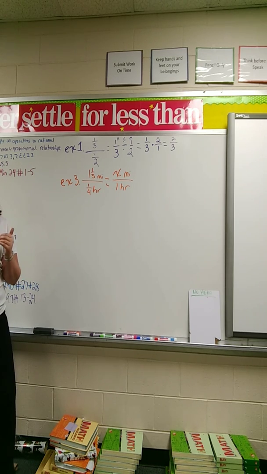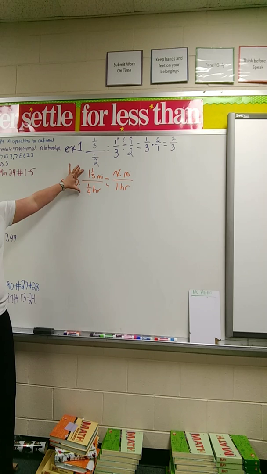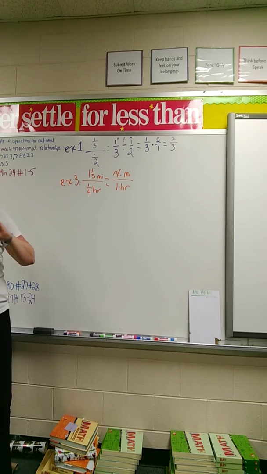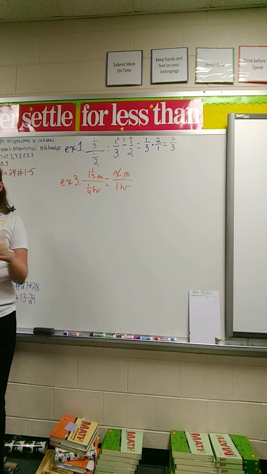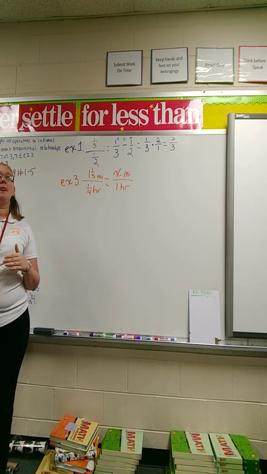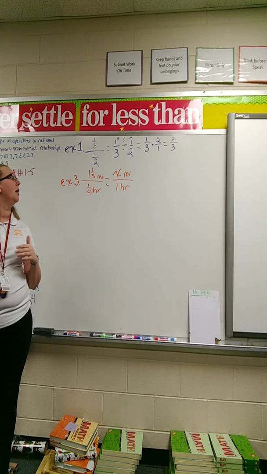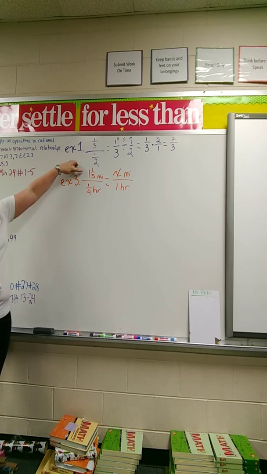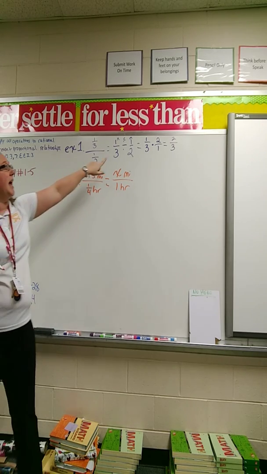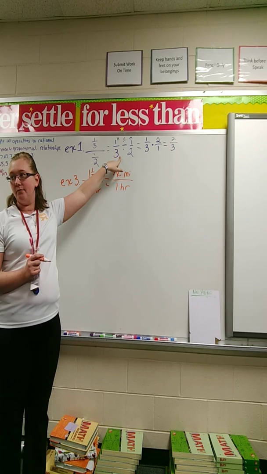Okay? So, first of all, I have a complex fraction. And even within my complex fraction, I have a mixed number. So, what we're going to do first is take this 1 1/3 and convert that to an improper fraction, because we know we're going to have to be dividing at some point.